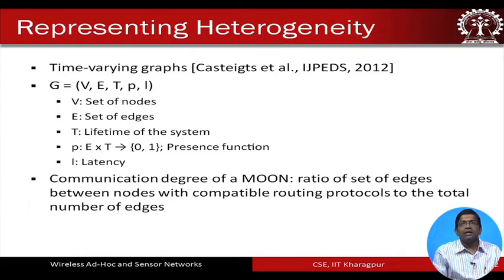The communication degree of a MOON is defined as the ratio of the set of edges between nodes with compatible routing protocols to the total number of edges.